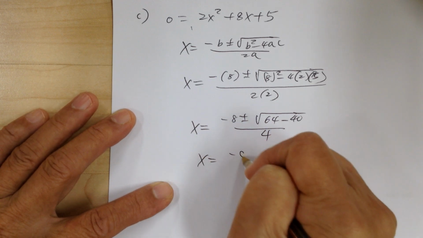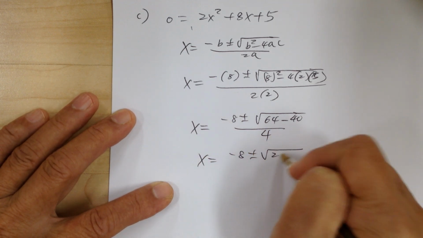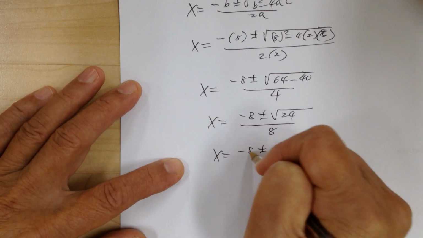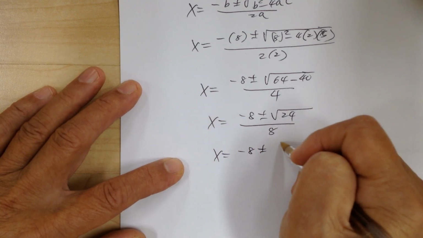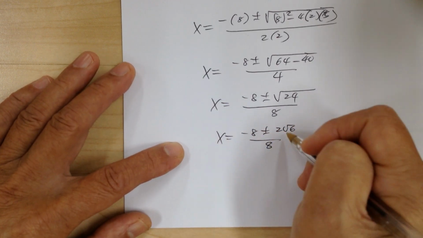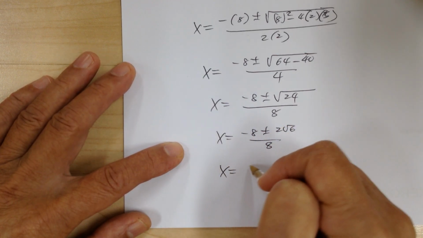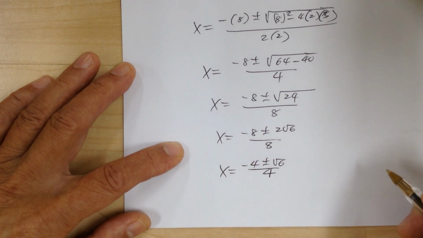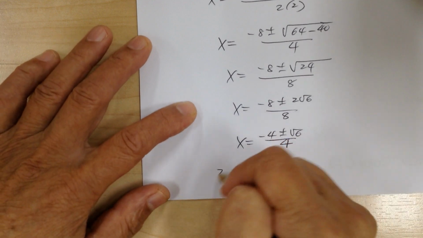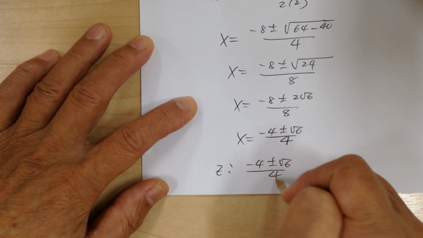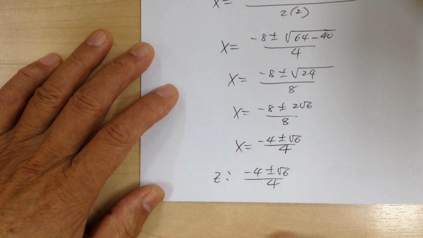So x will equal negative 8 plus or minus the square root of 24 over 4. So x will equal negative 8 plus or minus 2 square root of 6 over 4. And you just divide by 2 to lower the number. So x will equal negative 4 plus or minus square root of 6 over 2. Those are your zeros. So there are two of them.